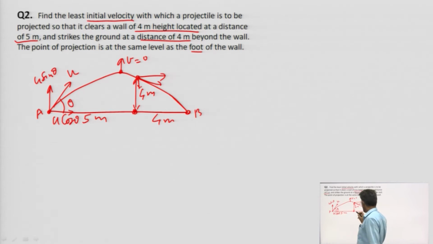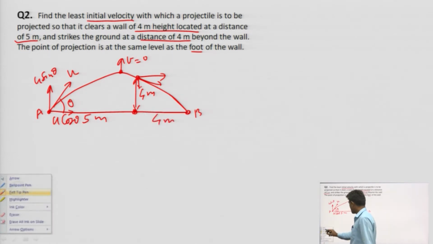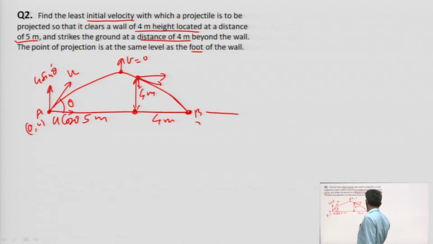If I take point A as origin, (0, 0), then the coordinates of point B will be x is 9 and y is 0, and the coordinates of the wall's top will be x is 5 and y is 4. Two points on the trajectory are known to us, and we need to find two variables.